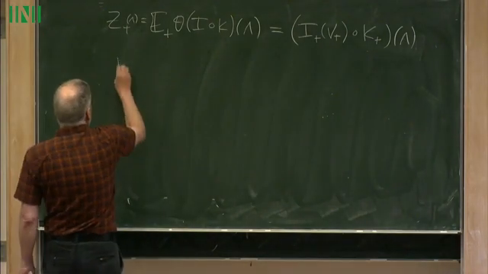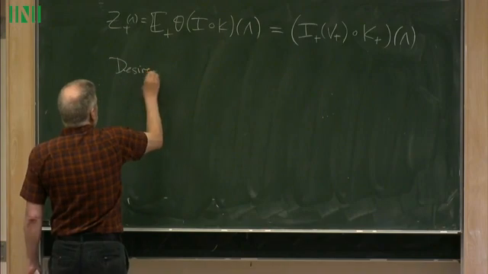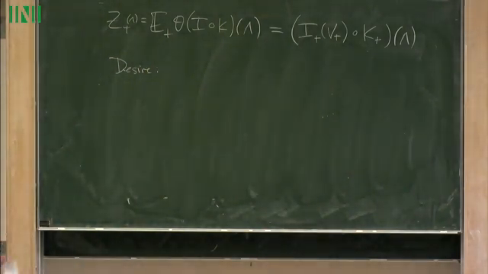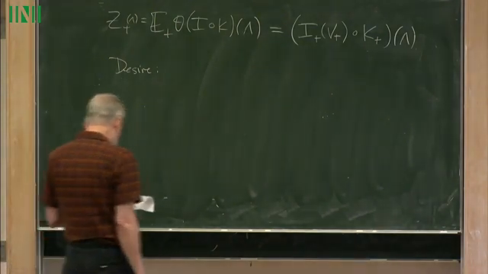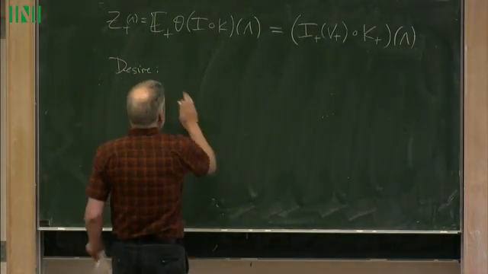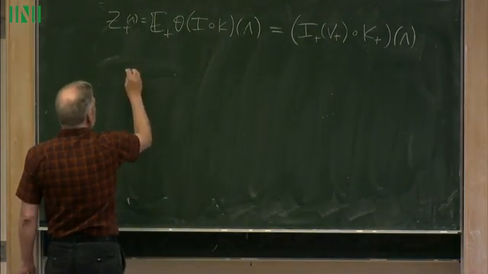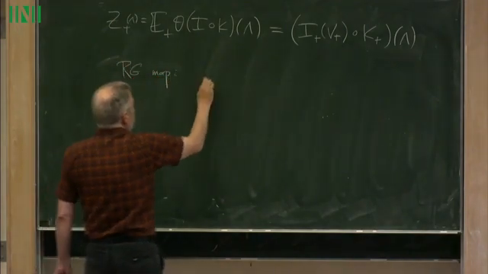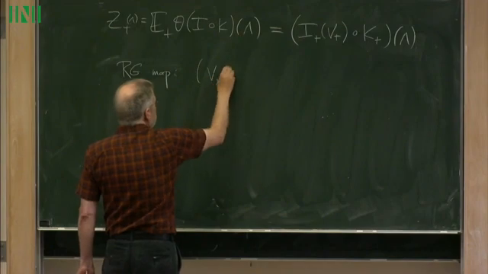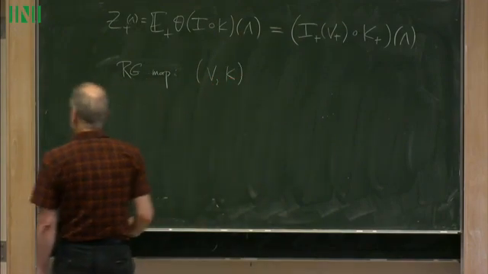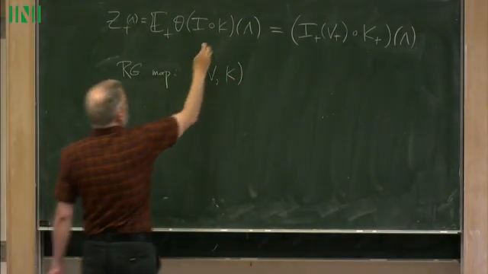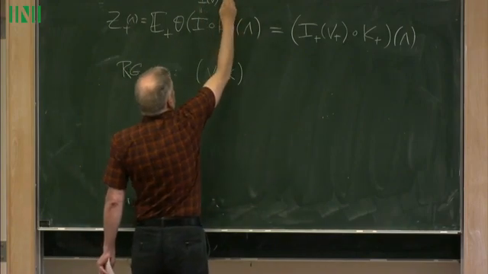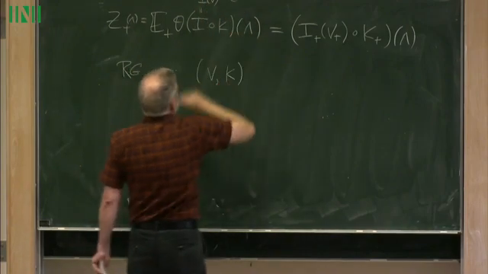So what do we want about this k? Here are the features that we want it to have. Maybe before that I should say what is the RG map. So the RG map for us is going to be the map that takes the v and the k that describe the initial I. So this I is a function of v. Think of it as e to the minus v, actually.